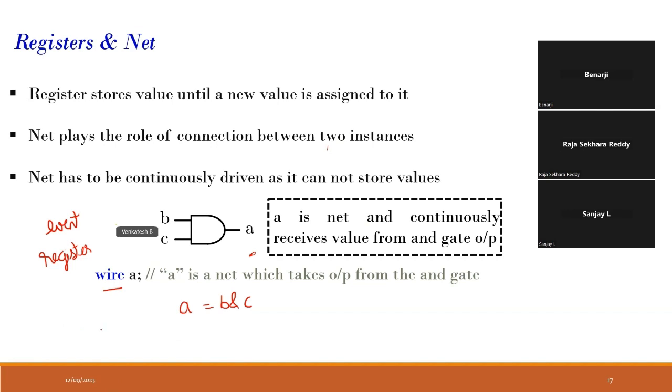That's why a register cannot act as my input port to a module, because we don't know what value will come and when that value will change. It cannot be used as an input port. For the output port, we could use a register or a wire, because for the output we are defining it on our terms.